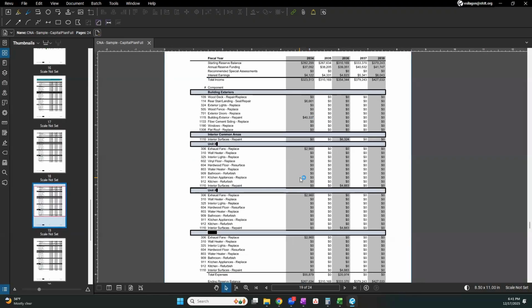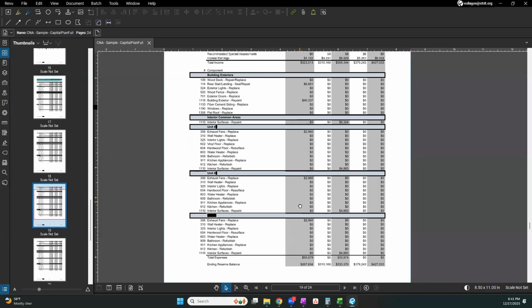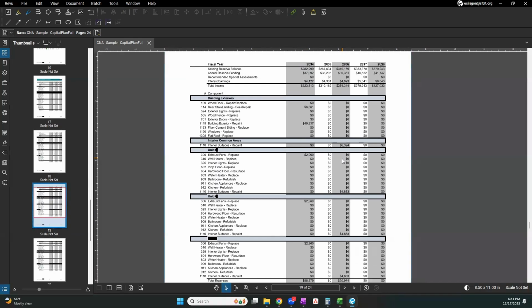Okay, 2034, got about $55,000 worth of work here. And you notice we're doing the building exterior repaint, and then 2 years later, we're repainting all the interior surfaces. It's useful to look at this and plan.